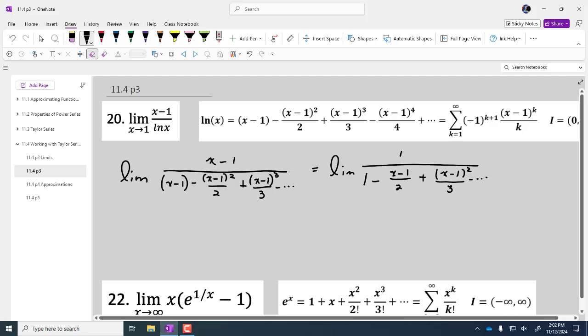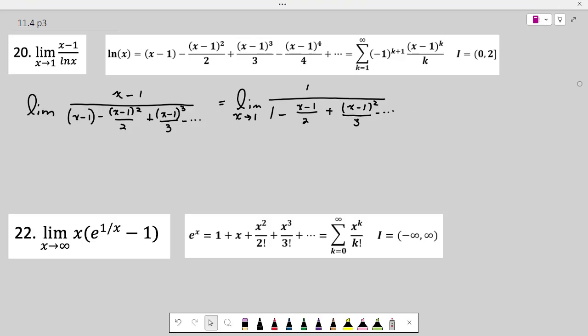And as x goes to 1, what is happening with all these terms in the denominator? What goes on with all these terms as x goes to 1? Yeah, they all go to 0.